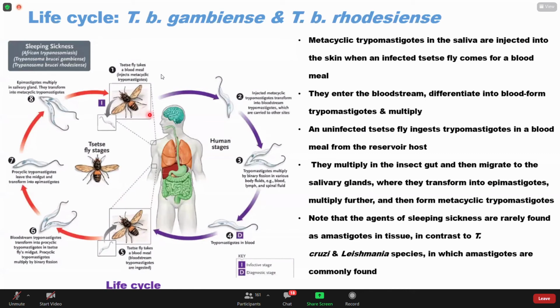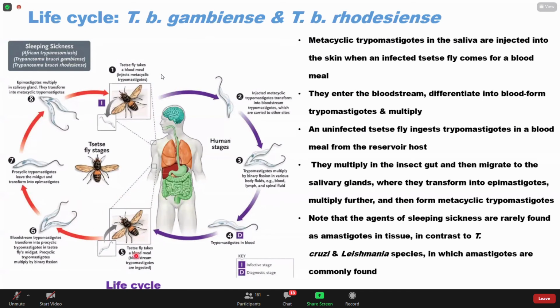But with Trypanosoma rhodesiense and gambiense, the infected tsetse fly actually inoculates the trypomastigote. Now, unlike Trypanosoma cruzi, it does not invade the macrophages or tissues, so there is no amastigote stage. It maintains a purely extracellular life cycle, dividing by binary fission, as you can see here.